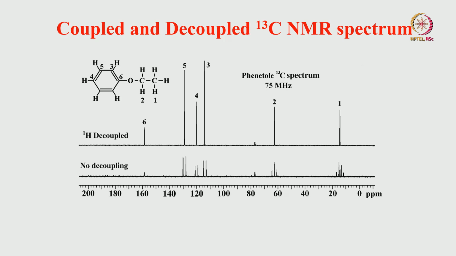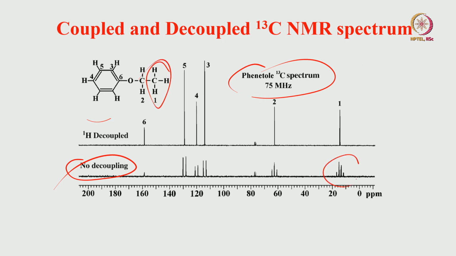How simplified the coupled and decoupled spectrum appears. This is a molecule, some phenol, recorded at 75 megahertz. So proton frequency is 300. This is the spectrum without any decoupling. We have a CH3 group, a CH2 group, and a phenyl group. CH3, as I told you, when it is coupled, will be a quartet. 3 protons are coupled to this carbon.